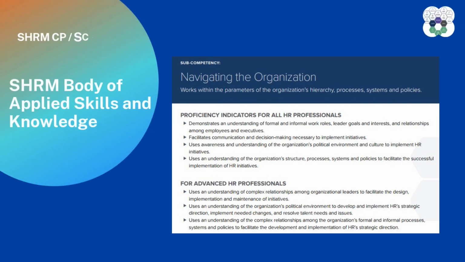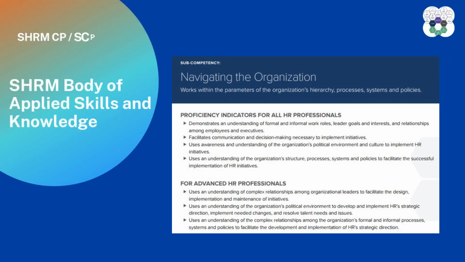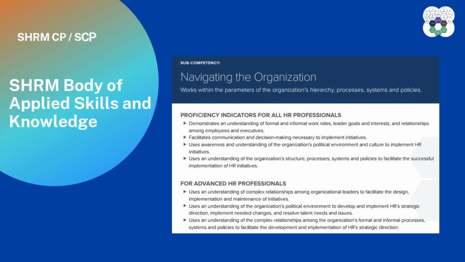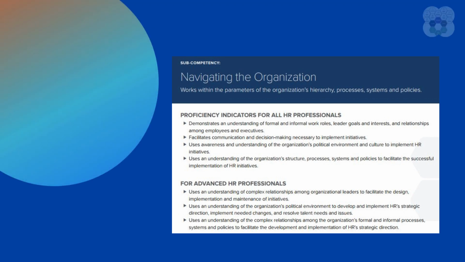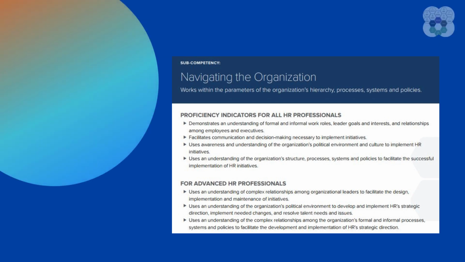Facilitates communication and decision-making necessary to implement initiatives. Uses awareness and understanding of the organization's political environment and culture to implement HR initiatives. Uses an understanding of the organization's structure, processes, systems, and policies to facilitate the successful implementation of HR initiatives.